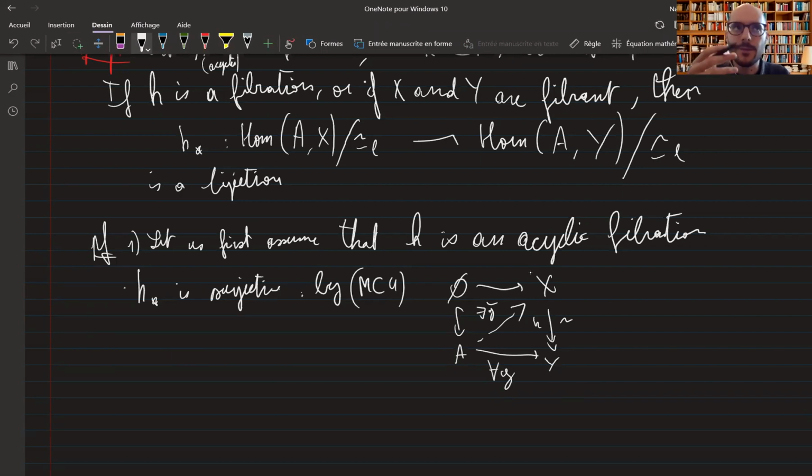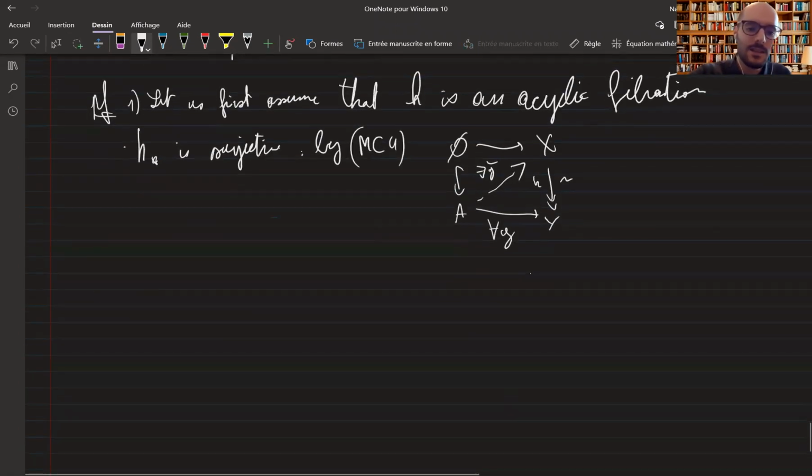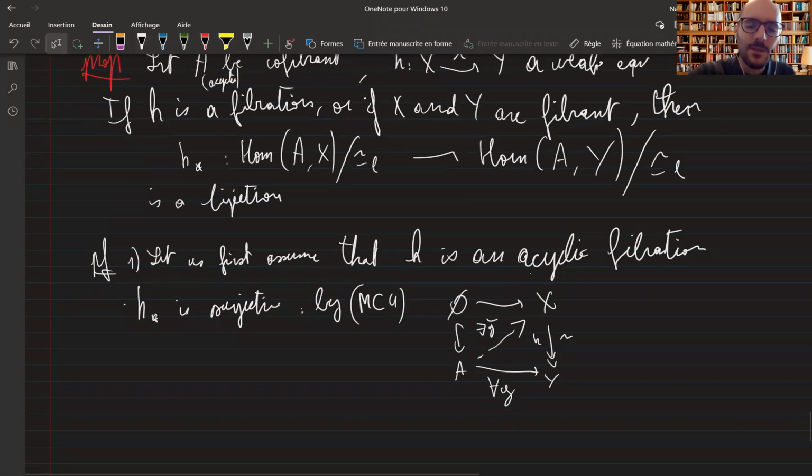On the nose is an expression used to say it's actually an equality, not an equality up to homotopy. So it's even a surjection before taking the quotient. Of course, in the case where the targets are fibrant, this will only be a surjection after taking the quotient.